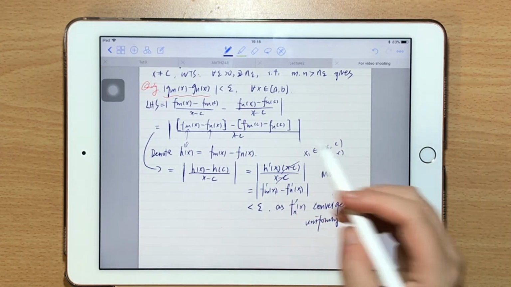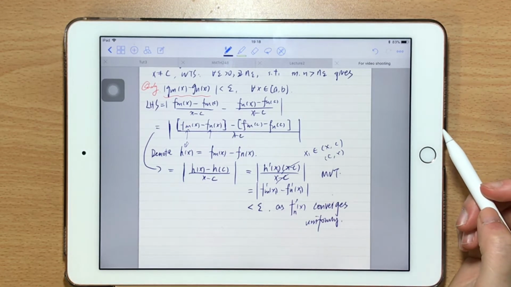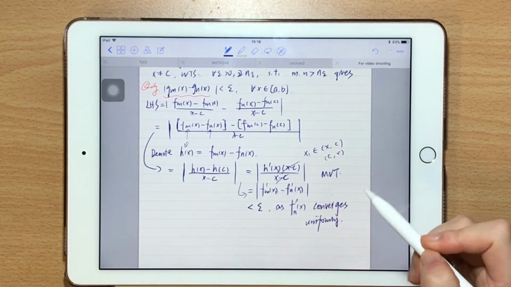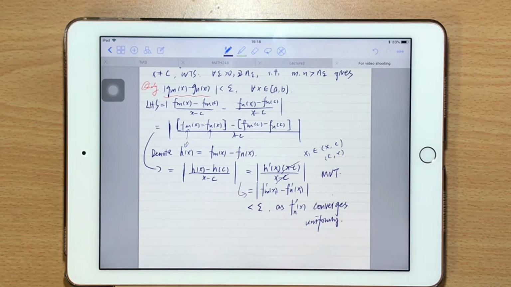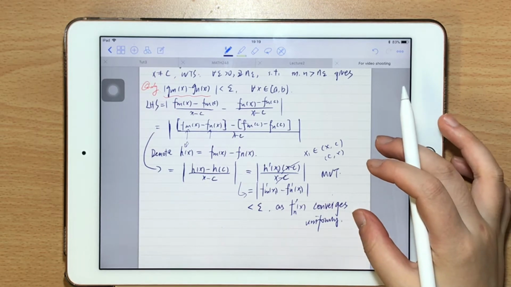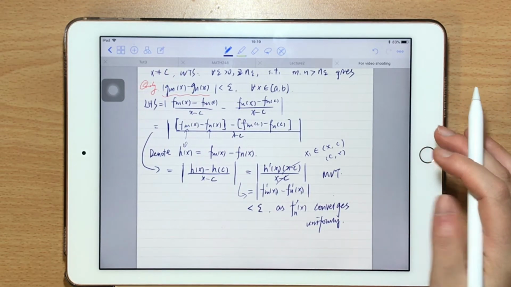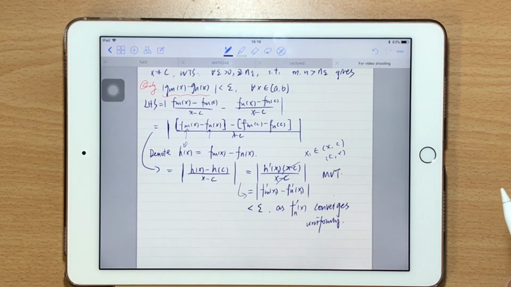We get h prime x_1, which is equal to f_m prime x_1 minus f_n prime x_1. This is because of the continuity of all these functions. And this term will be smaller than epsilon, because f_n prime is converging uniformly.